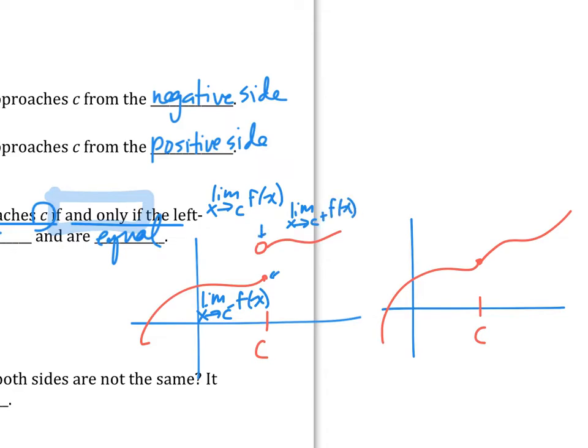Yes, right here. So that's the first condition. The left hand side and right hand side limits have to exist. The second thing says they have to be equal. Now are these equal? No. So then the limit as x goes to c of f of x does not exist for this graph on the left.